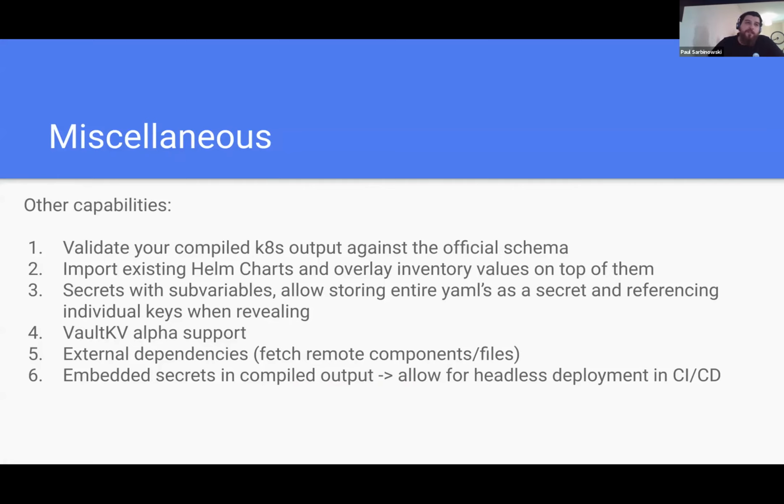So this new feature allows developers to store these secrets inside the actual output. So in my manifest-secret.yaml, the entire secret is contained inside the same YAML. So you can reveal it without any dependencies on different files, which helps a lot if you want to do headless deployments, basically, in any CI/CD you're using.